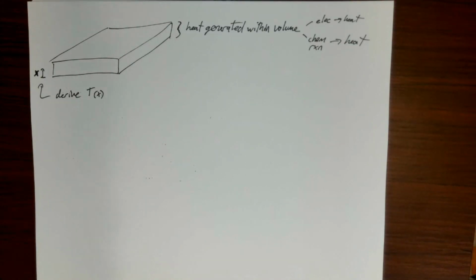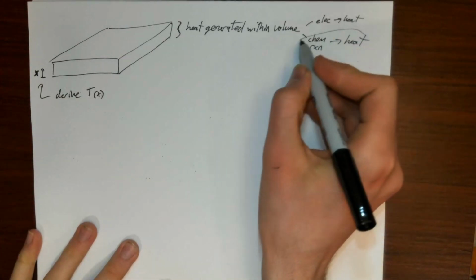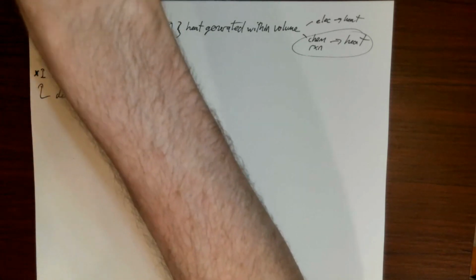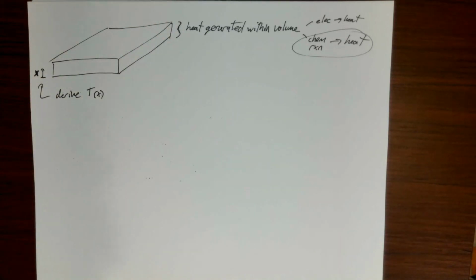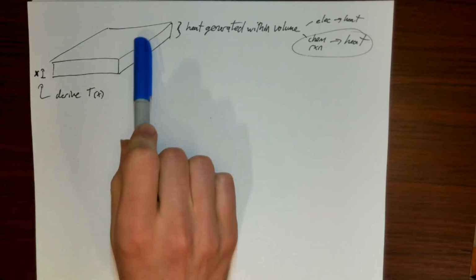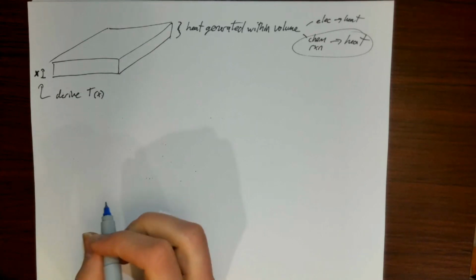So let's frame the rest of the problem in terms of this chemical reaction heat phenomena, right? So let's say that I have this slab of material, and this reaction is going on inside of it.